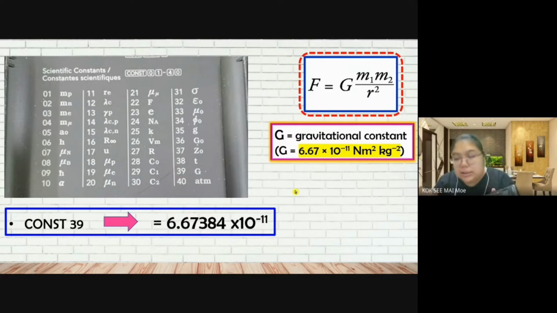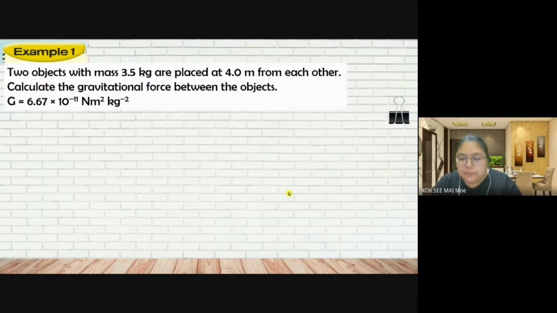So that one is G. If short form, they give you 6.67. So every time you don't need to press the calculator for long. You just press CONST, after that 39 equal, then you get the G already. That one is the gravitational constant. Until here, still okay or not?